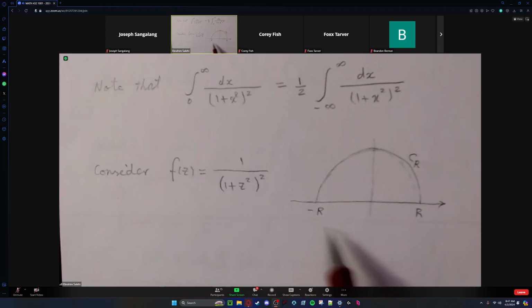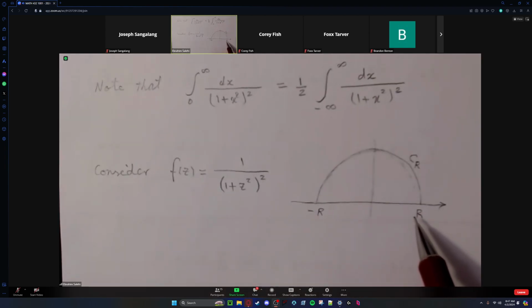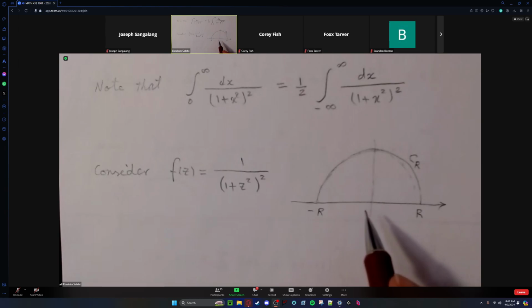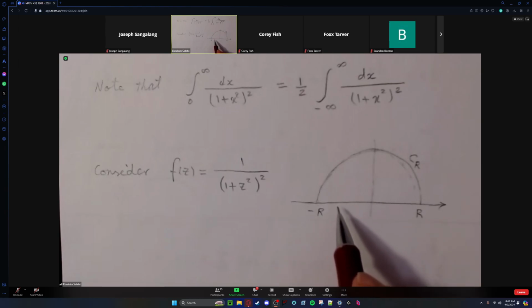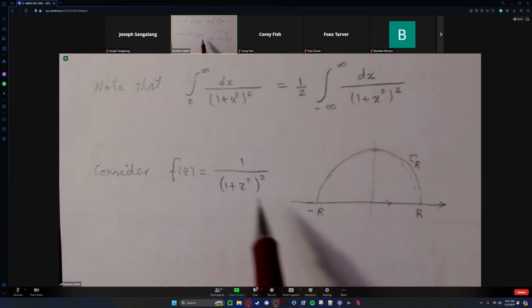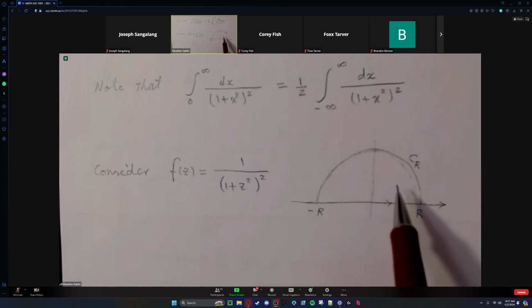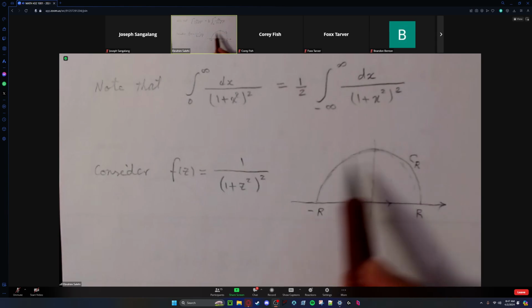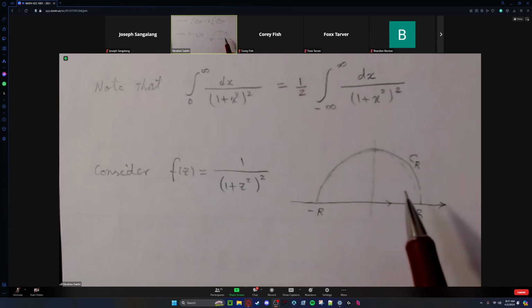Consider this function and this contour. We will make R big enough to make sure that all the poles of this function are inside this contour.